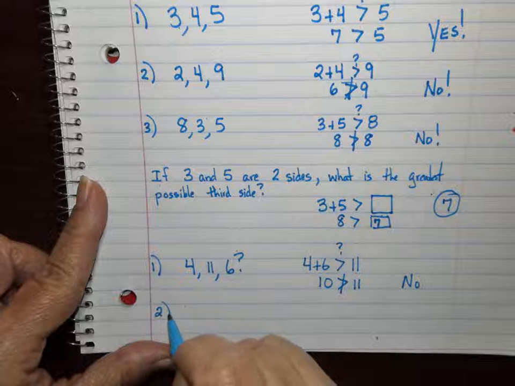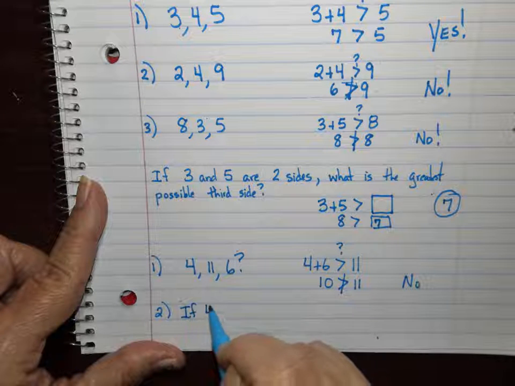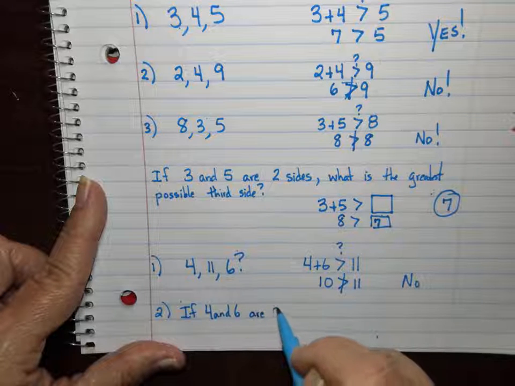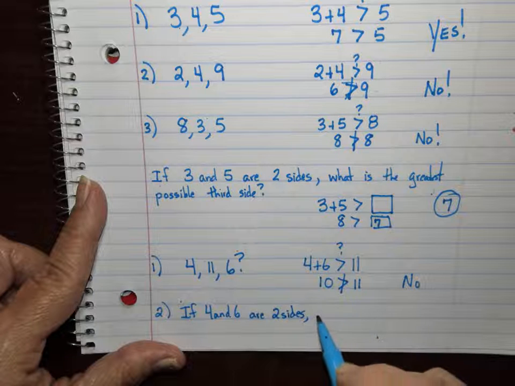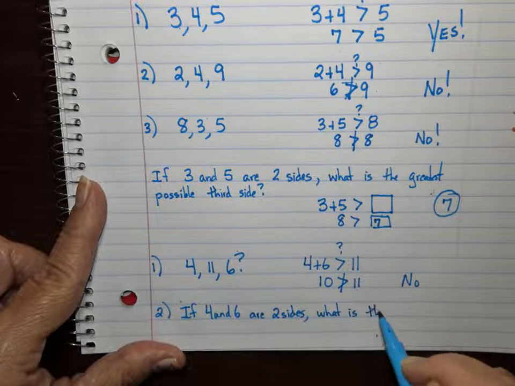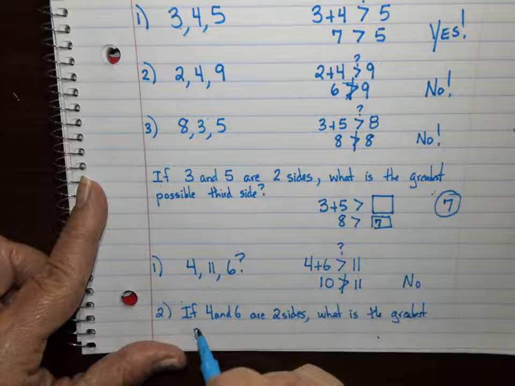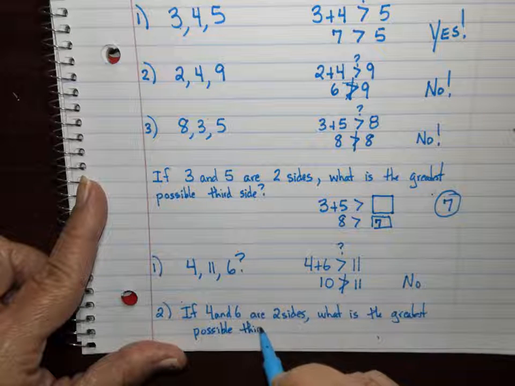Alright, so now try this one. If 4 and 6 are 2 sides, what is the greatest possible third side?